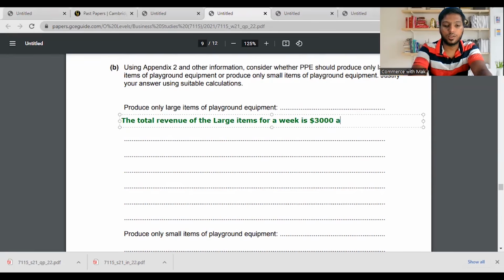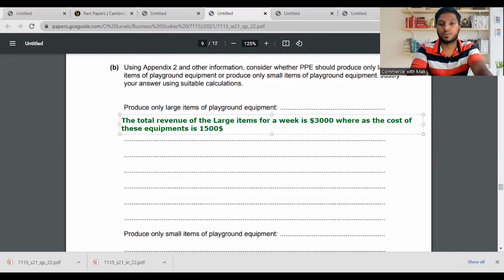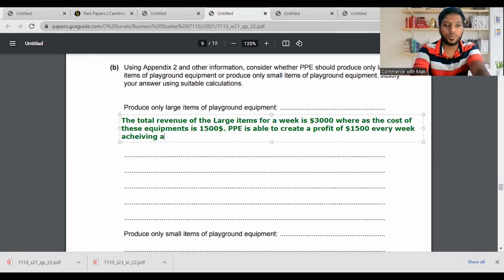It is $3,000, whereas the cost of this equipment is $1,500. The business PP is able to create a profit of $1,500 every week, achieving a gross profit margin of, how much is the percentage? 50%.